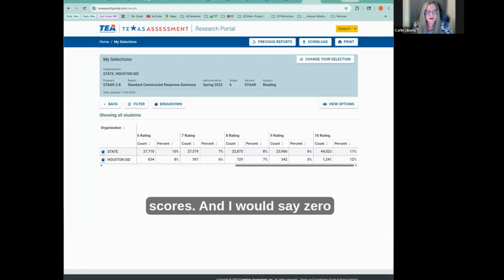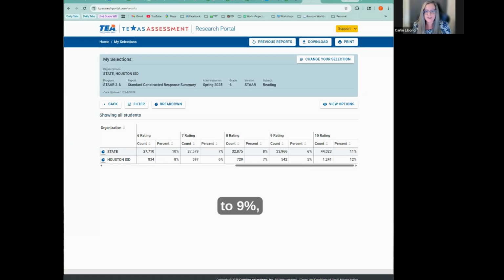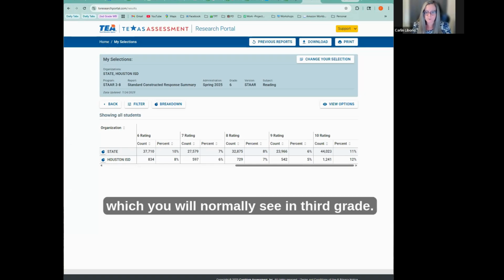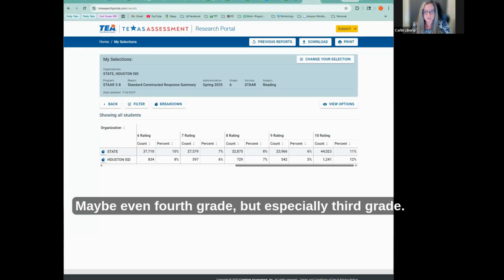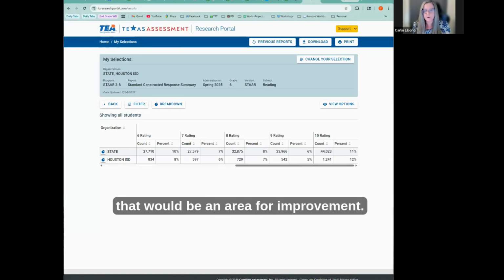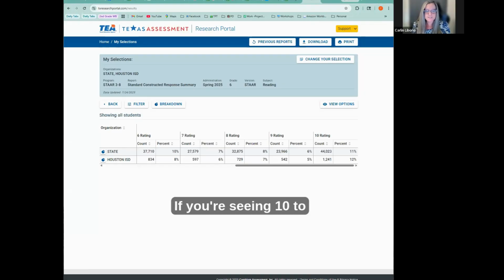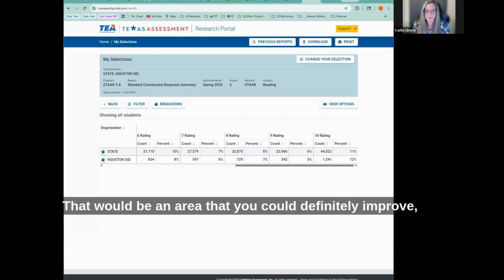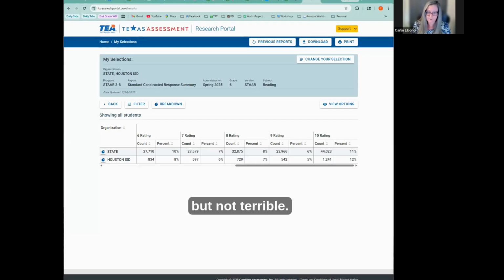And I would say 0 to 9%, which you will normally see in third grade, maybe even fourth grade, but especially third grade, would be an area for improvement. If you're seeing 10 to 29%, just like this one, that would be yellow. That would be an area that you could definitely improve, but not terrible.